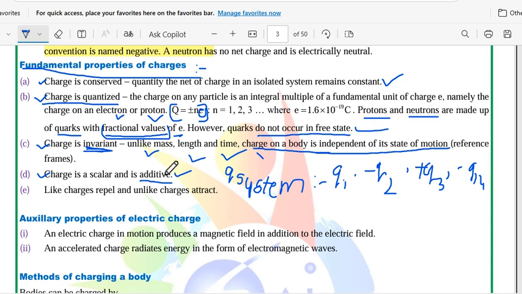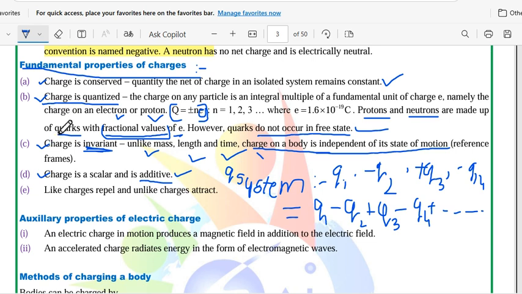So the charge has the additive property, then the Q of the system is going to be Q1 minus Q2 plus Q3 minus Q4, and so on. This is the additive property of the charge. Have you got this? This is the additive property of a charge.